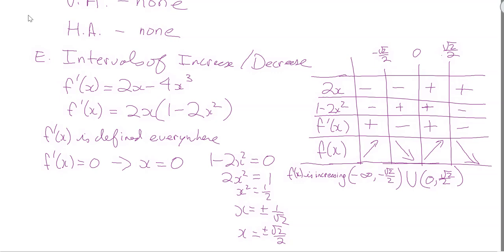And f of x is decreasing from negative root 2 over 2 to 0, and from root 2 over 2 to infinity.